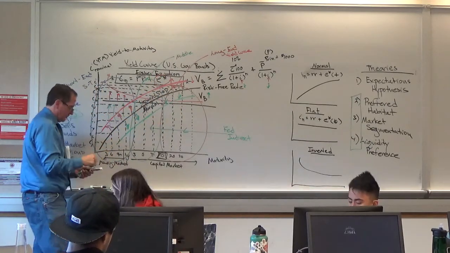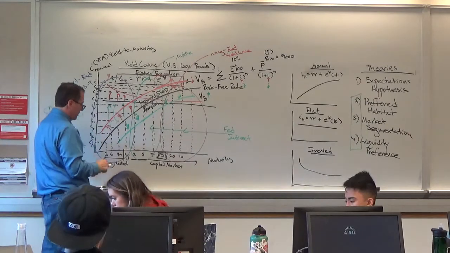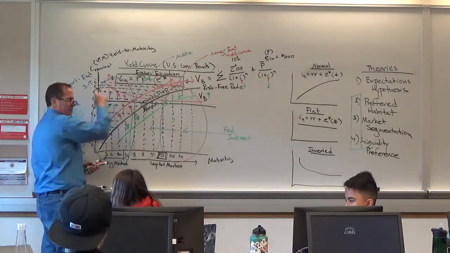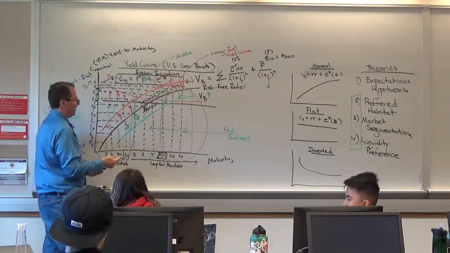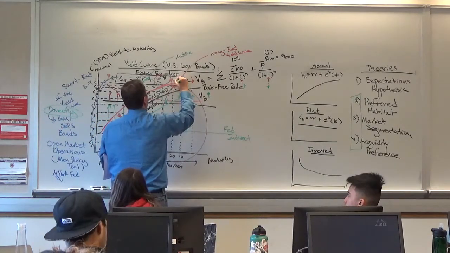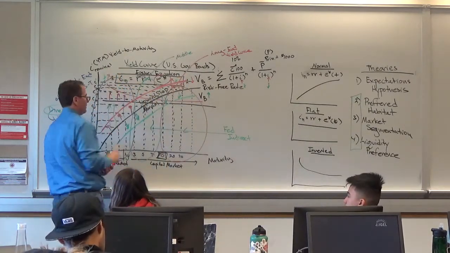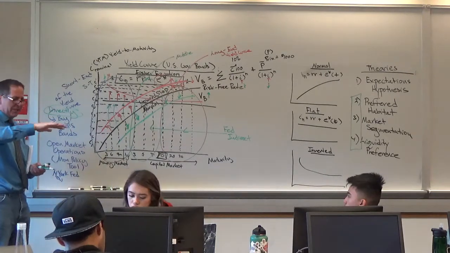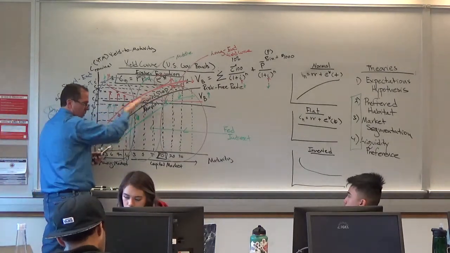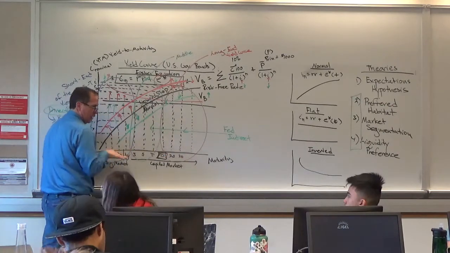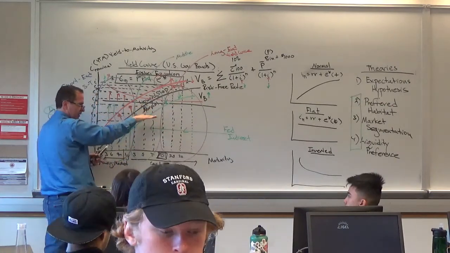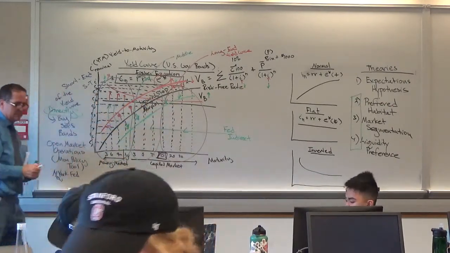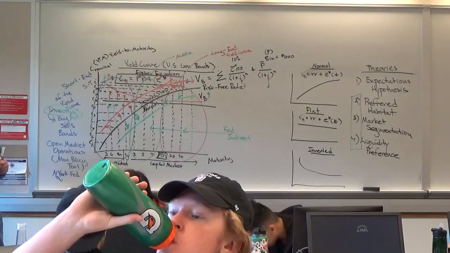So when inflation expectations go up, nominal interest rates go up. When inflation expectations go down, nominal interest rates go down. This assumes that inflation expectations are uniform across the whole curve and across all the maturities. It's going to cause it to shift up and shift down. Any other questions?